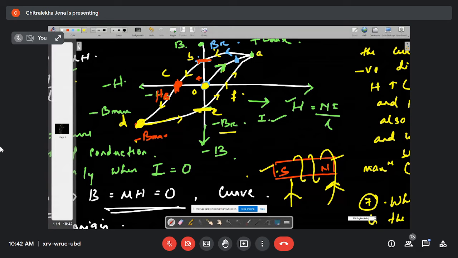Then again, when I pass the current in the positive direction, it follows the path E, F, and A. So now this completes the hysteresis. This completes the loop, and this loop is called the hysteresis loop.